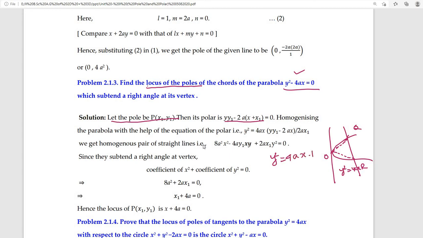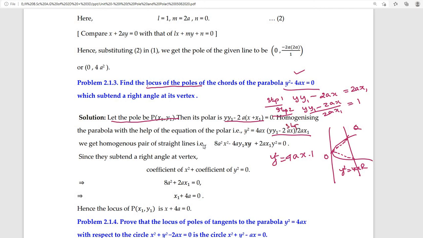This 1 is to be replaced by this. How is that obtained? In step 1 of how to homogenize, we retain the constant term on the right side, that is 2ax1 in this case, and then divide throughout by the constant. So 2ax1 is equal to 1, and then replace.